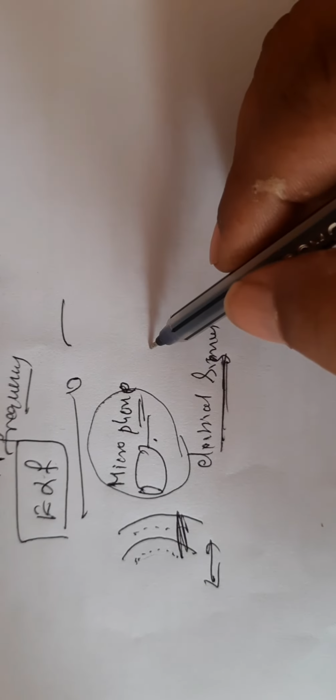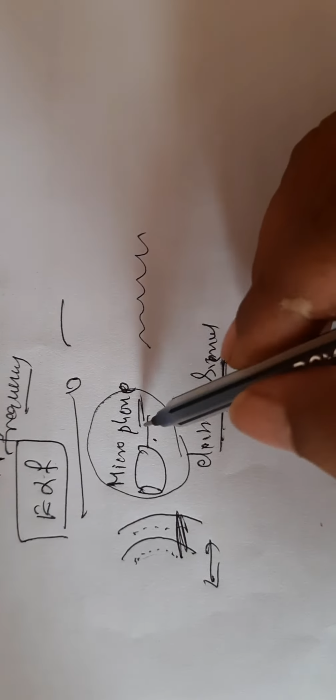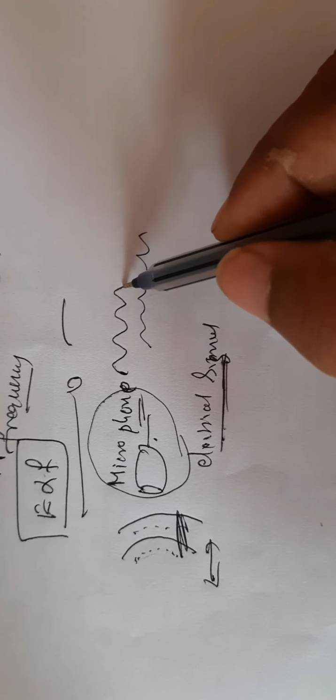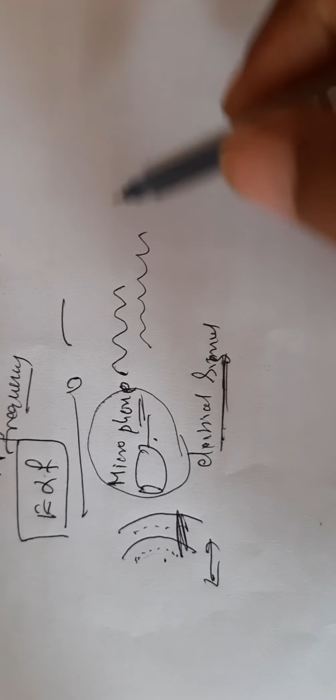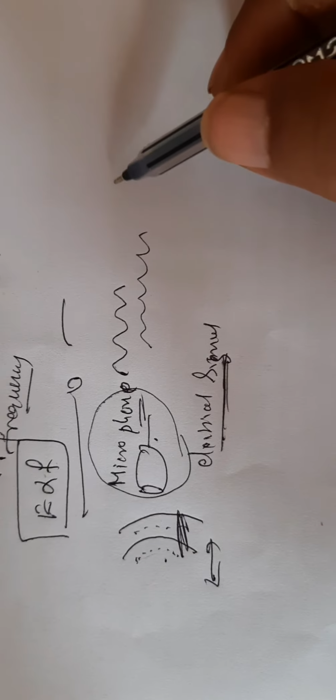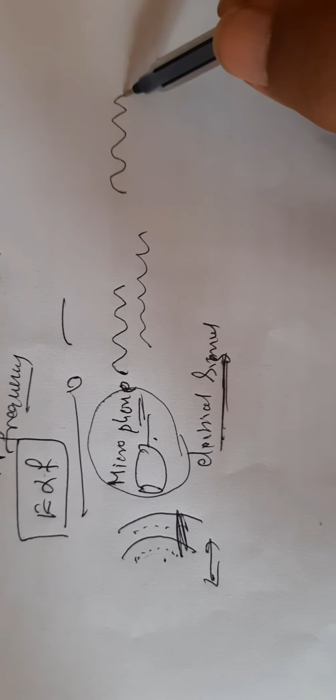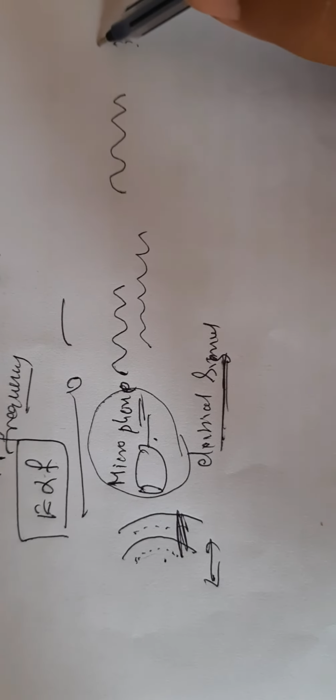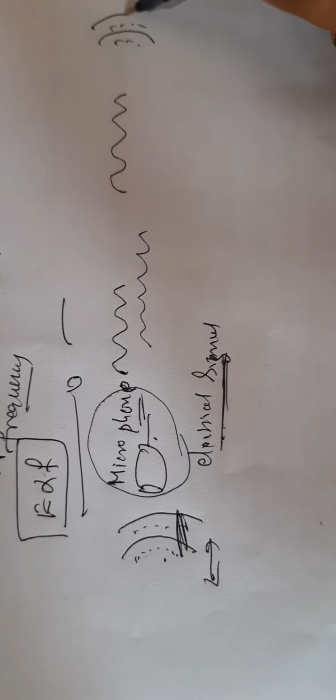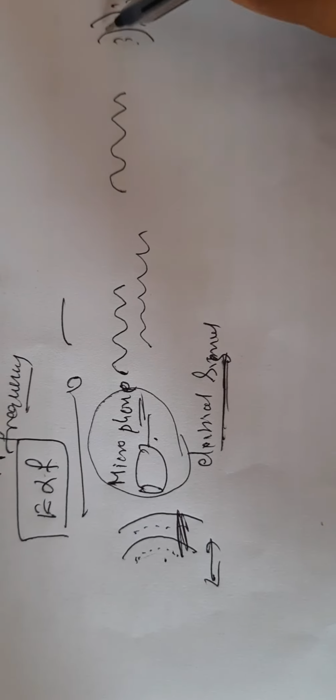Then the signal is transmitted. The output of the microphone is an electrical signal. This is the mechanical signal, and this is the electrical signal. At some further distance, this electrical signal is again converted into our mechanical signal, which consists of a series of trough, crest, trough, crest.